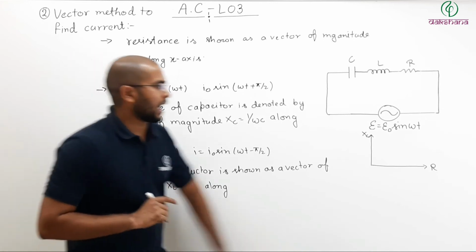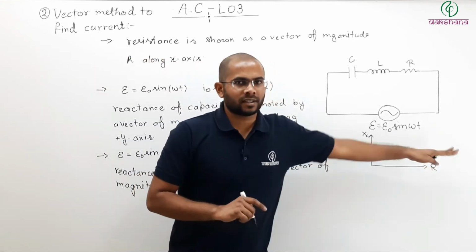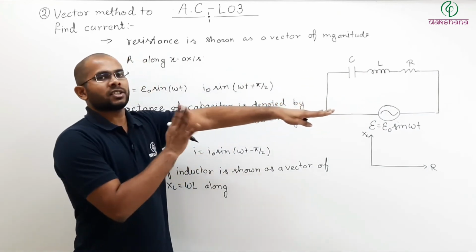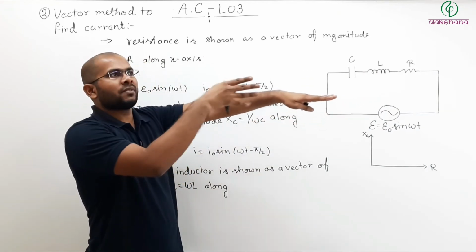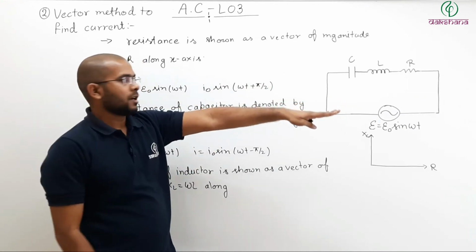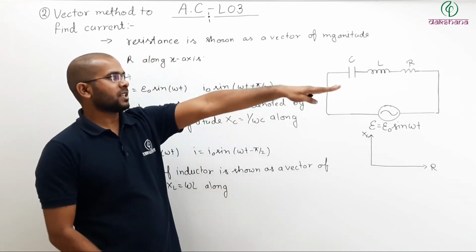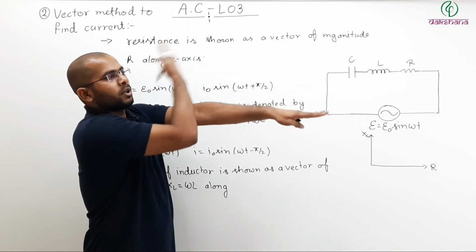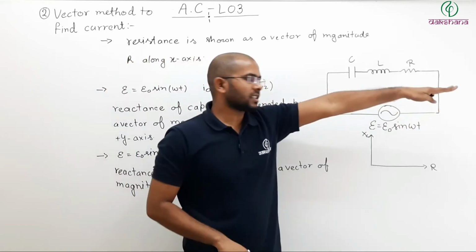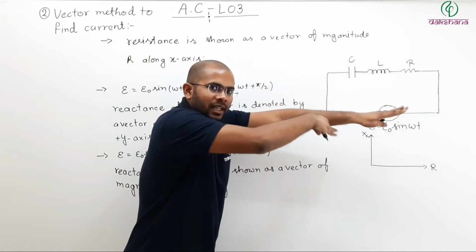See here, the x-axis is taken as the direction of your EMF. So for the resistance, EMF and current are in the same direction. So R is taken along the x-axis. For the capacitance, EMF is this, current is 90 degrees more, so the y-axis. For the inductance, if this is EMF, current will be 90 degrees lagging.